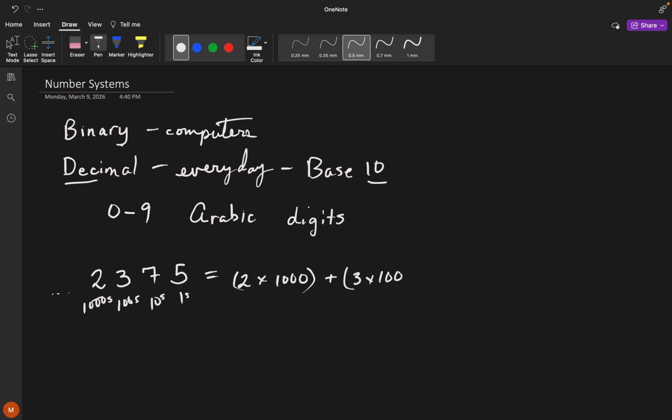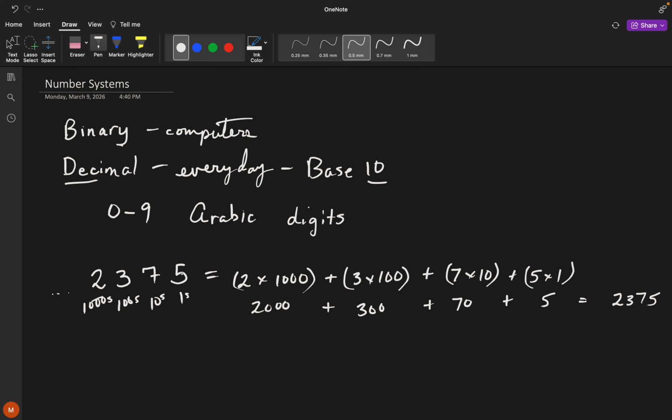And then 7 times 10. And then 5 times 1. And then, of course, we could go 2,000 plus 300 plus 70 plus 5. And, of course, again, that adds up to 2,375. And so this expansion helps us understand the value of each digit in the place that it's in.